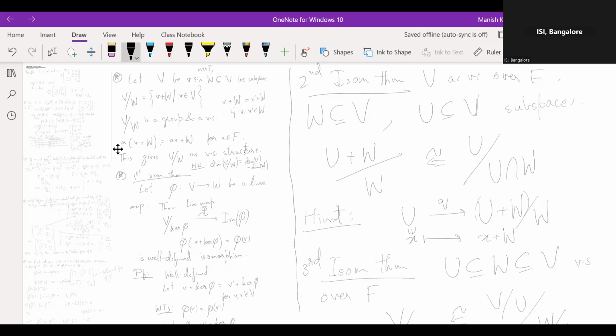You'll have to prove that the kernel is precisely U intersection W, and hence by the first isomorphism theorem you have an isomorphism from U mod U intersection W to the image of Q, and then you also have to check that the image of Q is the whole thing. Okay, so this is homework.